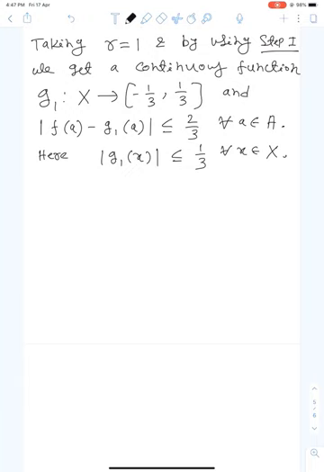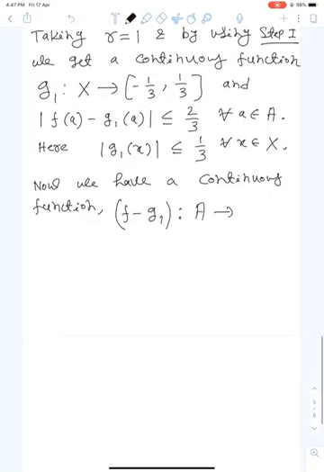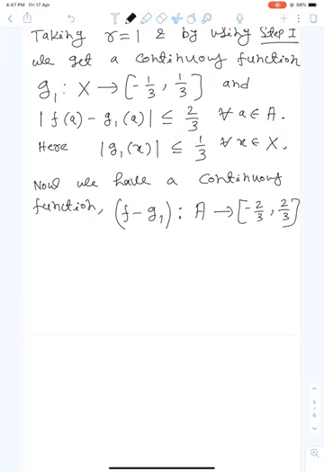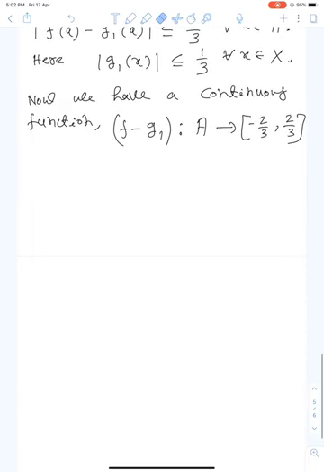So now we have a continuous function f minus g1 from A to (-2/3, 2/3). Here my r equals 2/3.